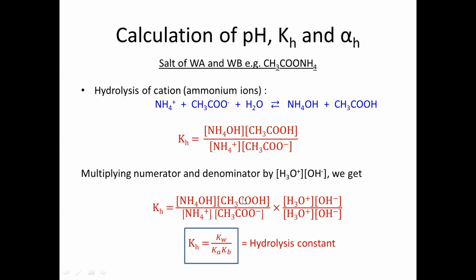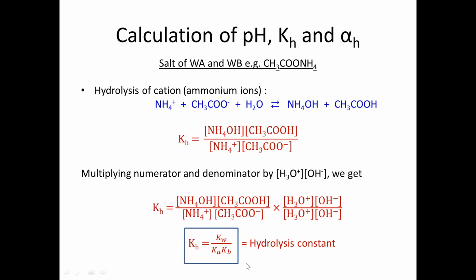This set of acetic acid, acetate ions and H plus ions will constitute our Ka, that is 1 over Ka, and this combination, that is ammonium hydroxide upon ammonium ions into hydroxide ions, constitutes 1 over Kb. So our final expression for the hydrolysis constant for such salts will be equal to Kw upon Ka and Kb.